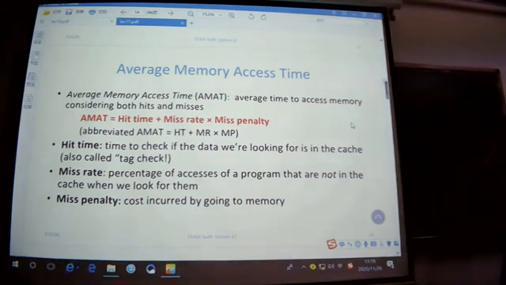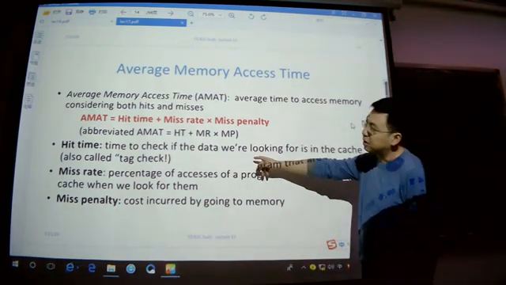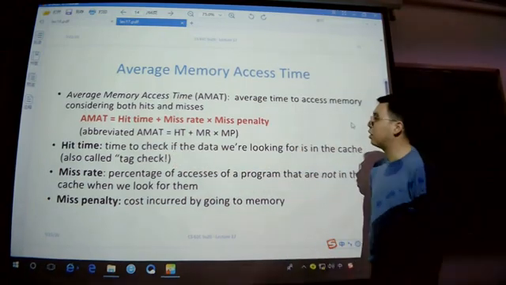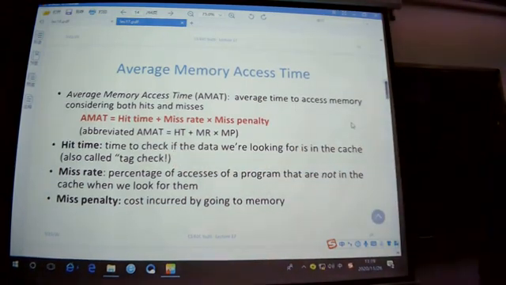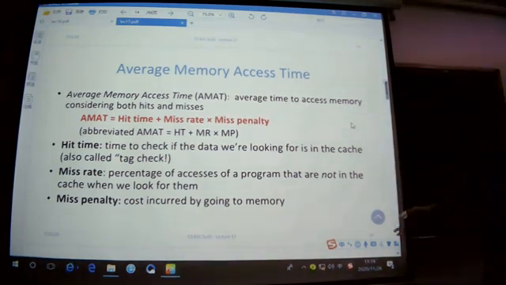We hope the miss rate is lower and lower, but the miss rate exists. Hit time is the time to check if the data we are looking for is in the cache, so the tag check.